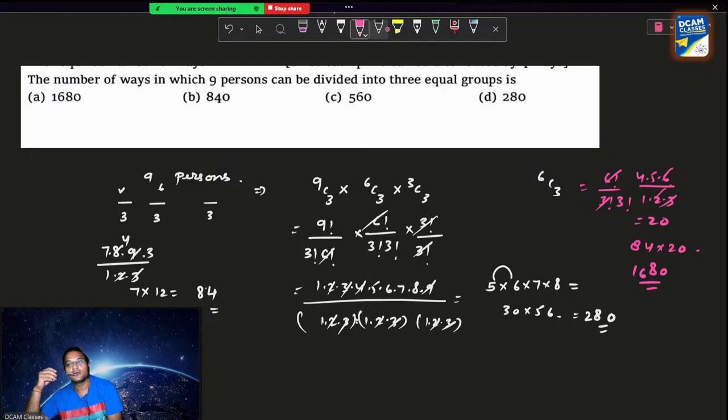Let me check. This is very different. 9C3 is 9 factorial by 6 factorial into 3 factorial.